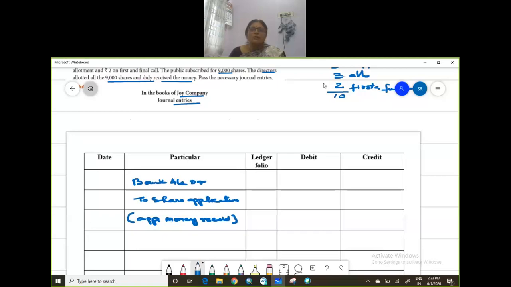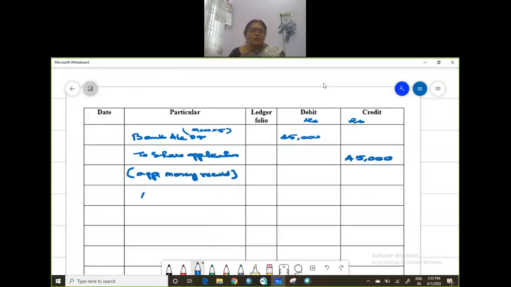How much is the amount? 9,000 into 5. 9 fives are 45. So it is going to be in rupees, 45,000. Then what's the next journal entry?